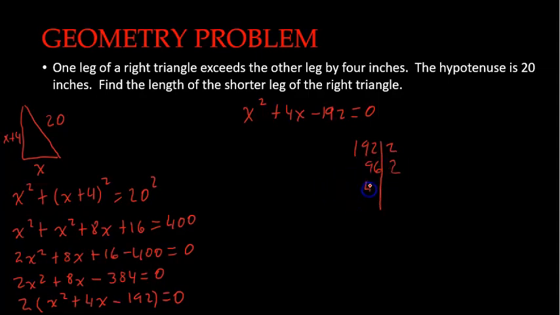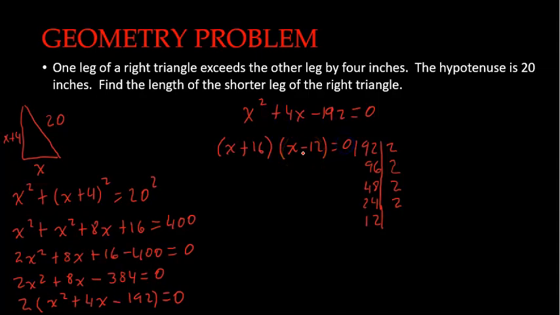That is 48. 48 times 4 is 192, but the difference is not 4. So divide again by 2. That is 24. 24 times 8 is 192, but the difference is not 4. Divide again by 2. That is 12. 12 times 16 is 192, and the difference is 4. So the factorization is x plus 16 times x minus 12 equals 0.